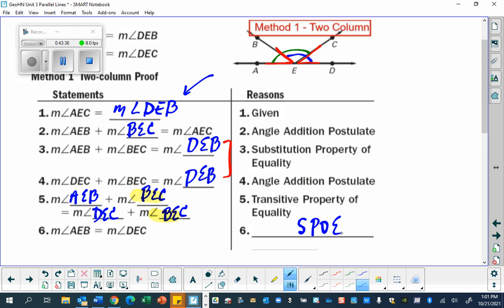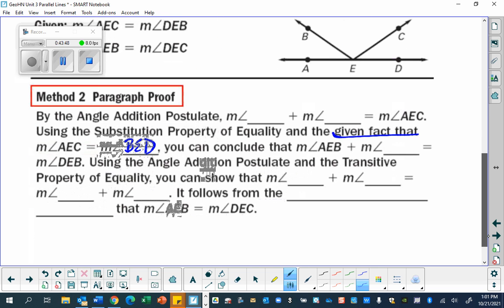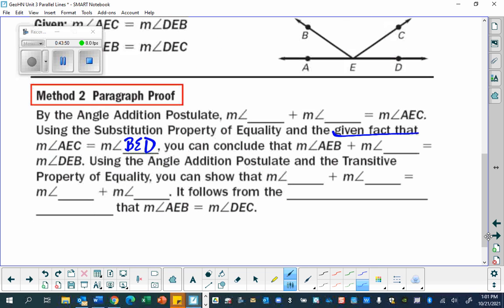Some of you will prefer the idea of a paragraph proof. So now that we understand what it is we're trying to do, when we go down, we can then talk to ourselves almost as if you're explaining it to a friend.